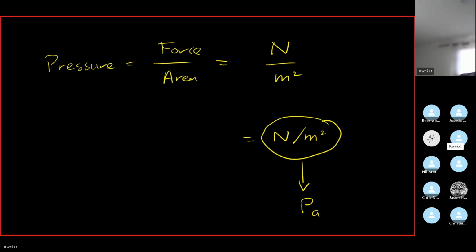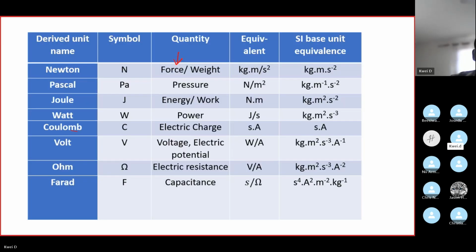So when you see Pa, it simply means Newton per meter squared. That is the Pascal, and it measures pressure. Again, we know that the Newton is equivalent to kilogram meter per second squared.